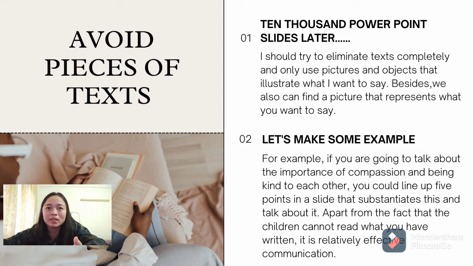Apart from the fact that the children cannot read what we have written, it is relatively effective communication. But if we instead talk about our 5 points, gladly involve the children as well, and reinforce it all with a loving image, then the message will become clearer.